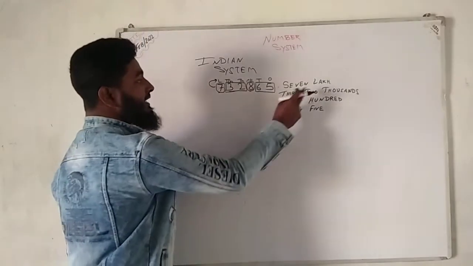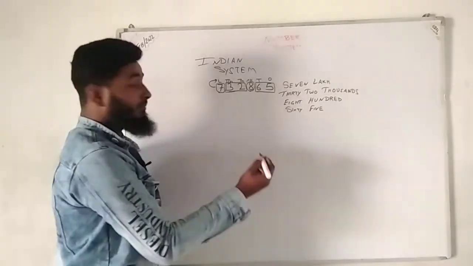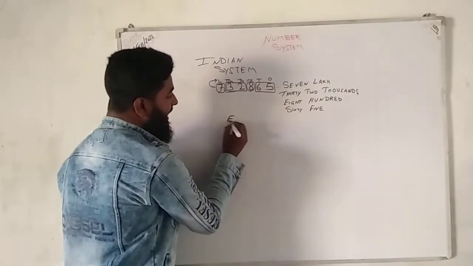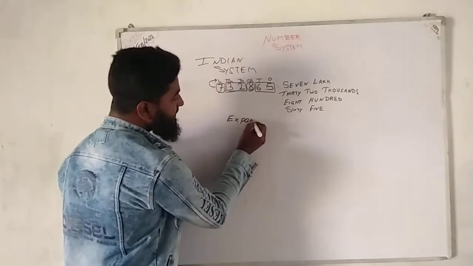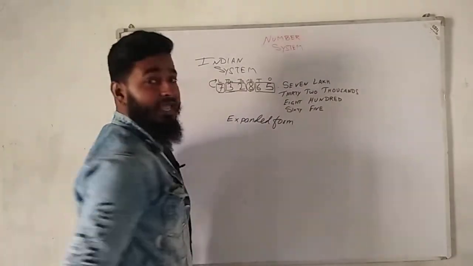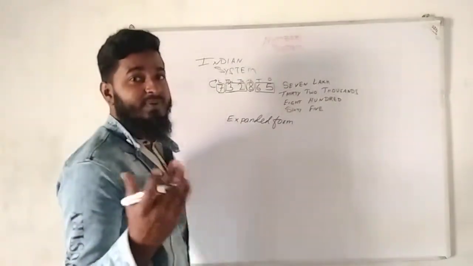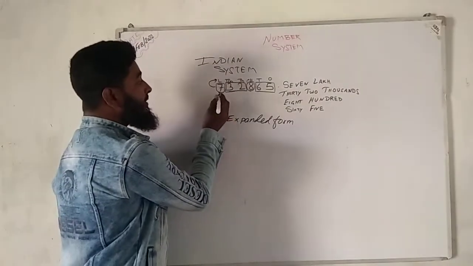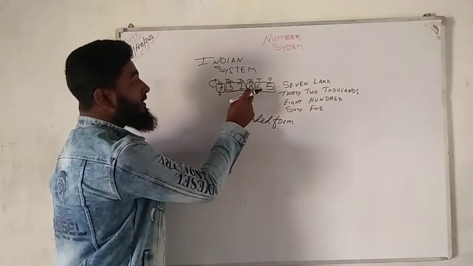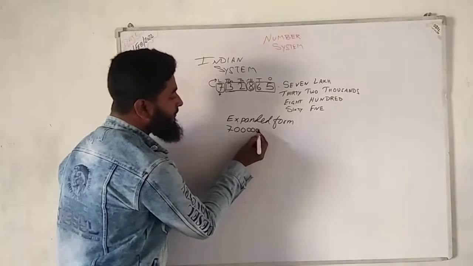Okay, the number is 7,32,865, done. Now the next topic is expanded form. Here is how to write the expanded form. The number is 7, so put 7 here and then count the number of digits after it: 1, 2, 3, 4, 5. There are 5 digits, so put 5 zeros, 7,00,000.